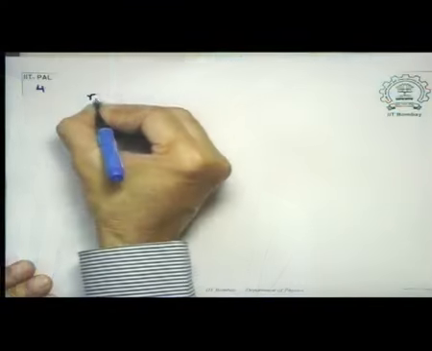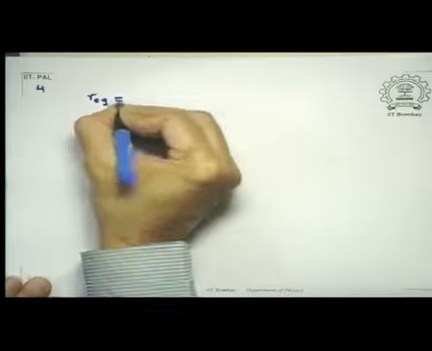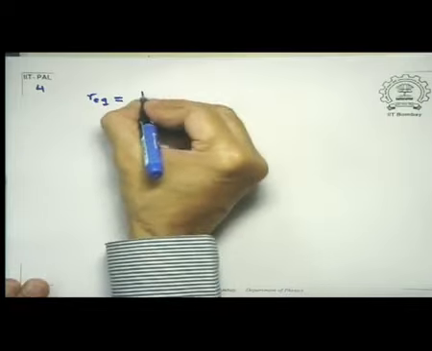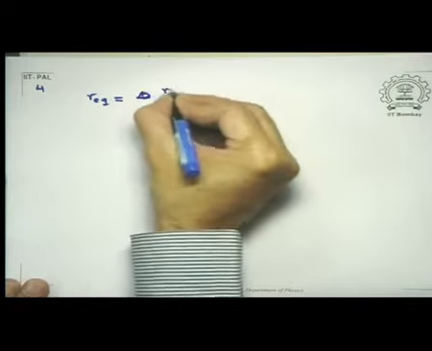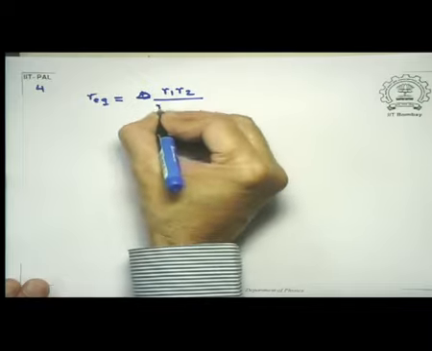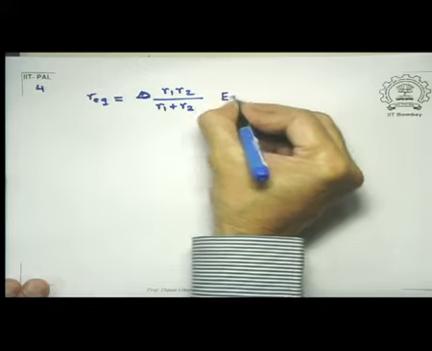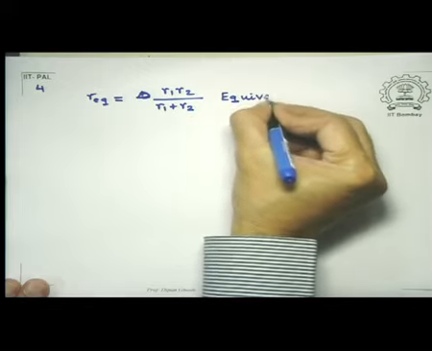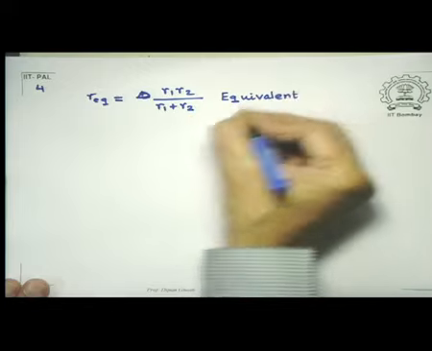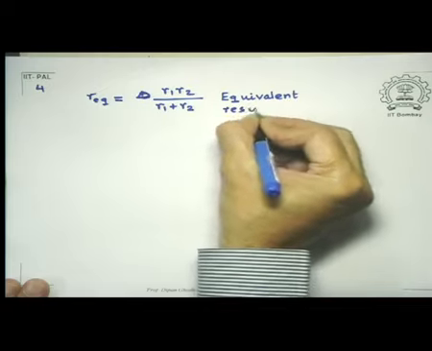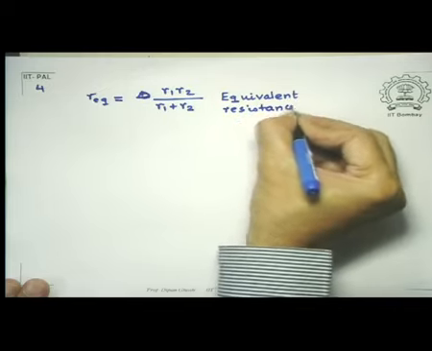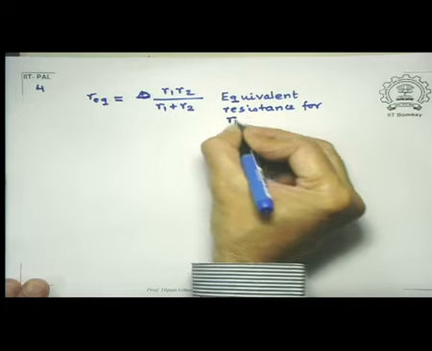We say the equivalent resistance that I have, R equivalent, is R1 R2 by R1 plus R2, which is the equivalent resistance of the two internal resistances, R1 parallel to R2.